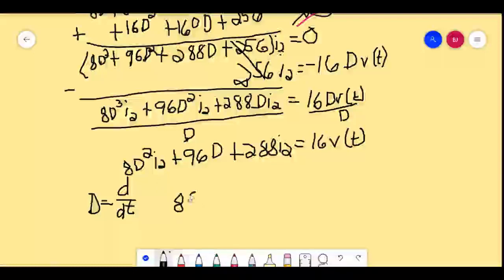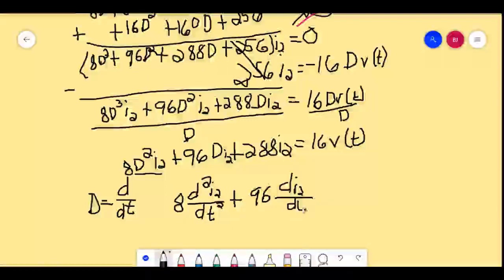So this would become 8 d squared I2, this is the first term right here, over dt squared, plus we have 96d I2 over dt plus 288 I2 equal to 16 v of t.